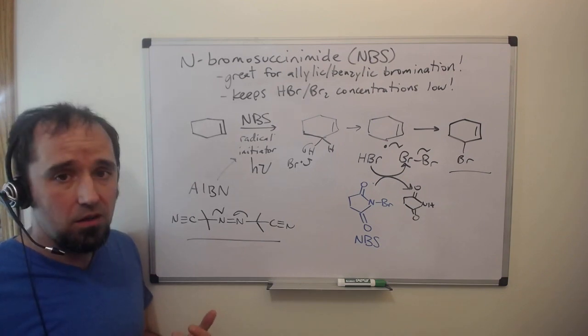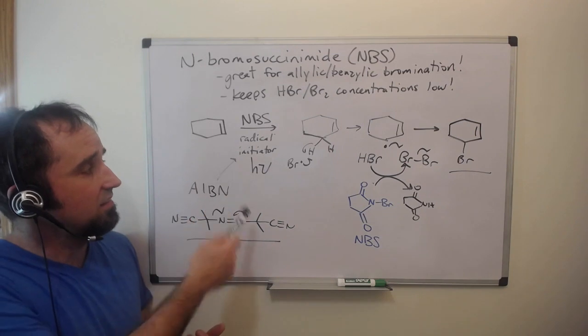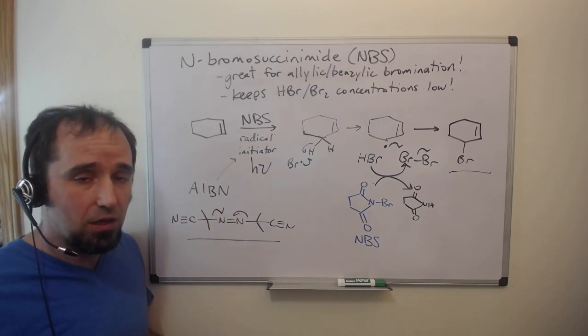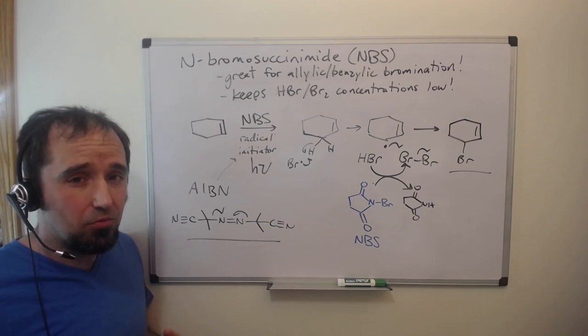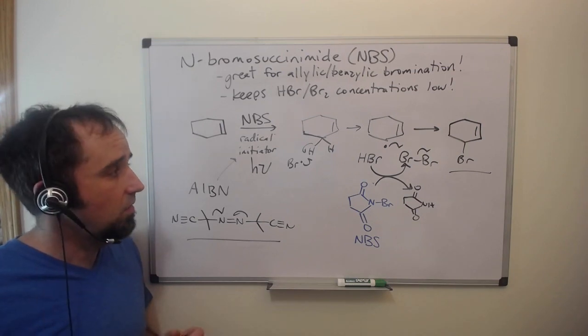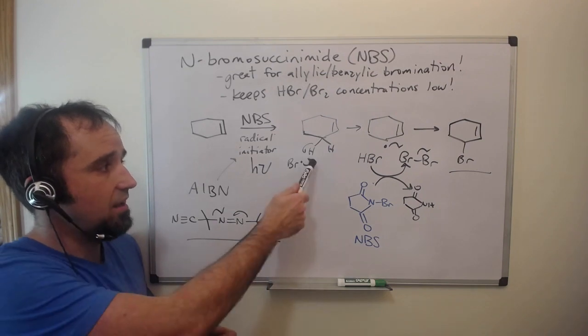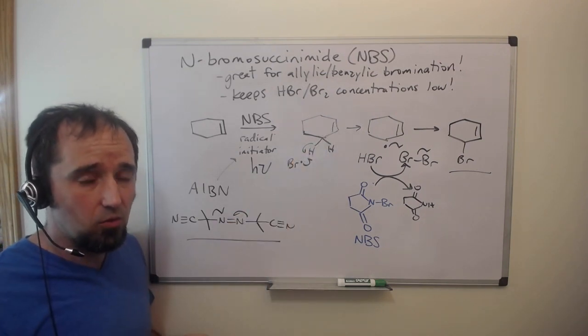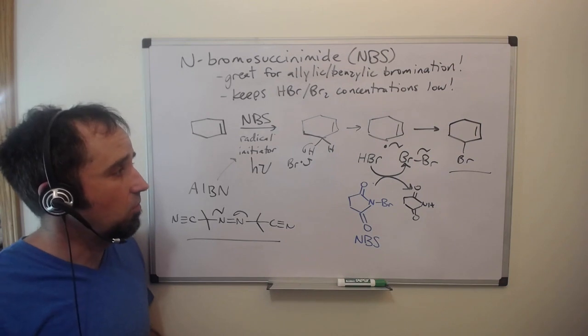Okay, so I take my alkene and NBS and some radical initiator, shine a light on it. I'm going to get a little bit of bromine radical. Again, probably from that little bit of impurity bromine that's on the crystal. That radical is going to take a hydrogen from this allylic position. Again, there's not a whole lot of bromine around. So we'll do that.